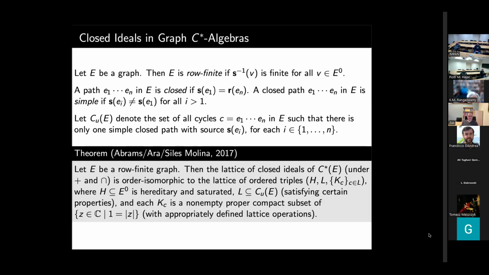I don't see this being satisfied just by saying that s(e_i) is different from s(e_1). That's not quite clear to me as enough, because I can entangle some i and j, I mean self-cross my path as many times as I want, and then come back to s(e_1). So are you sure that this is the definition of a simple closed path that you want?